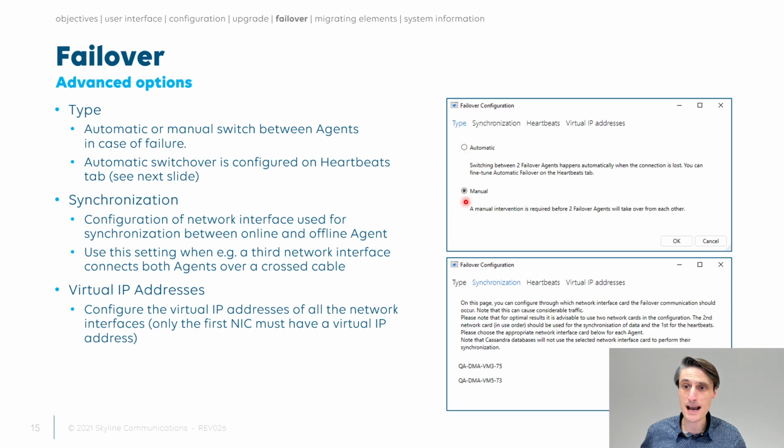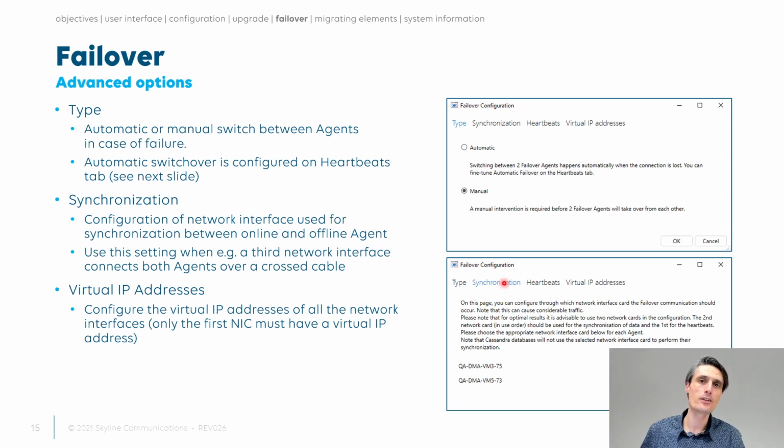So automatic or manual, it's by default on manual. So be aware, once you set it up, it's by default on manual. You need to specifically put it on automatic because then we also advise you to take a look at the heartbeats. The synchronization, that's basically for the synchronization traffic.